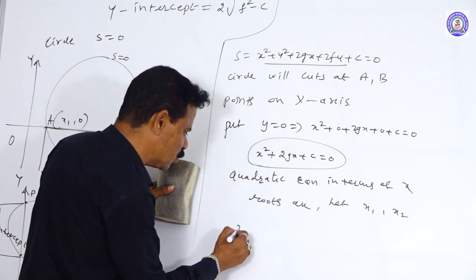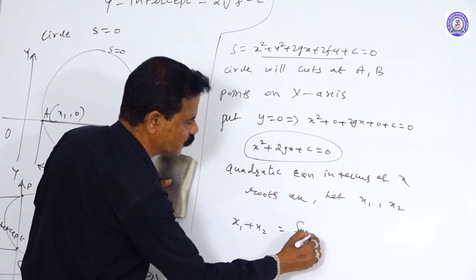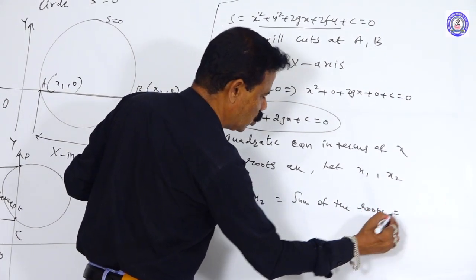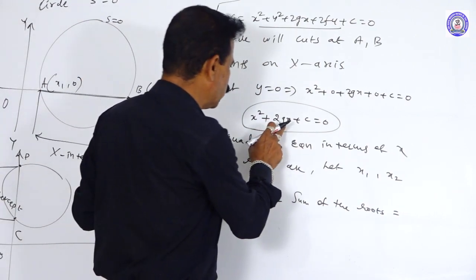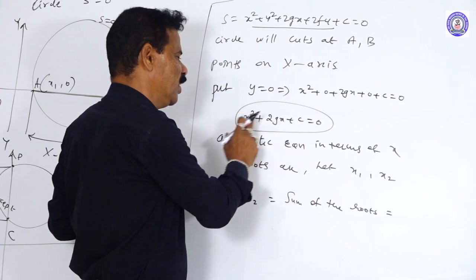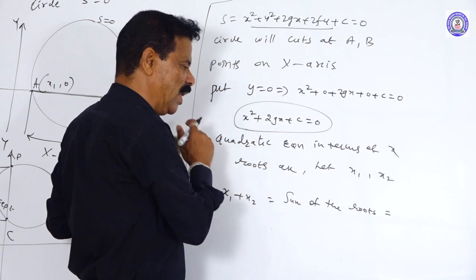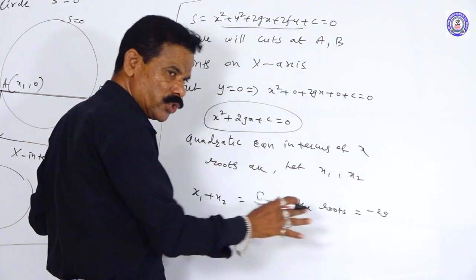So x1 plus x2 is the sum of the roots. Formula: sum of the roots is equal to minus b by a, for the quadratic ax square plus bx plus c. Here a is 1, b is 2g, c is c. So minus b by a, the sum of the roots, is minus 2g by 1, only minus 2g.